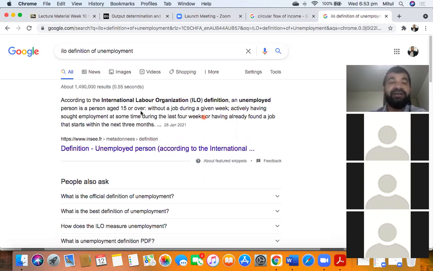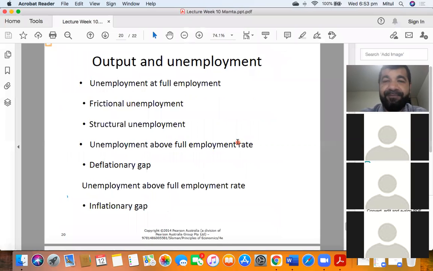Yes, that has been changed. It was 2 weeks in the past, now it is 4 weeks. That's the new definition.